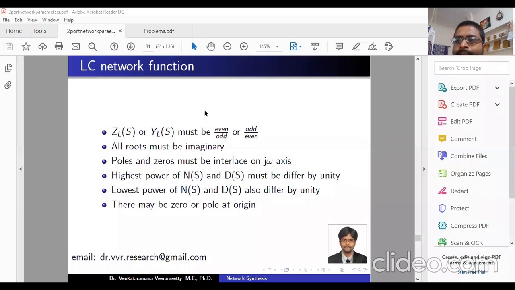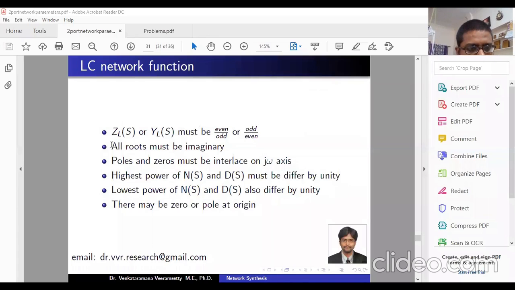Then we can say that it may be an LC impedance or LC admittance function. That means it may be an LC network function. Hope you understand.